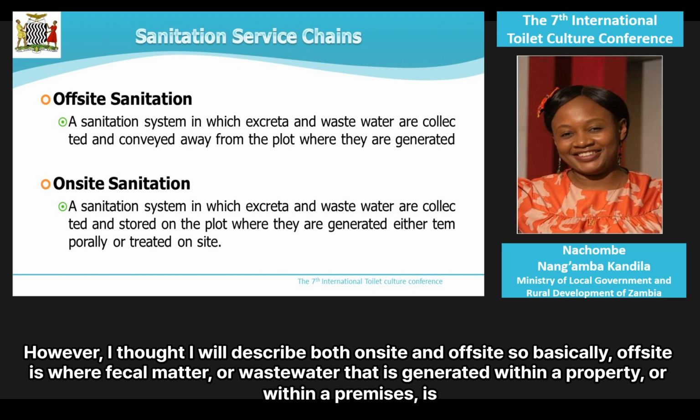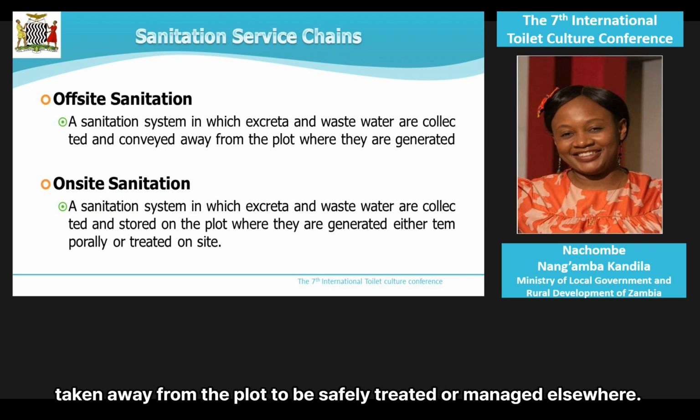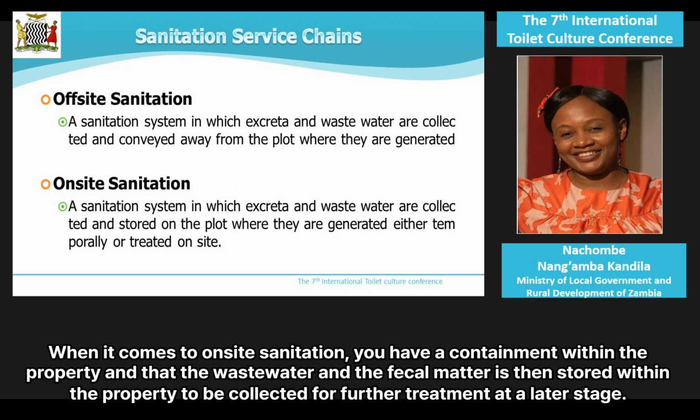Off-site is where fecal matter or wastewater that is generated within a property or premises is taken away from the plot to be safely treated or managed elsewhere. When it comes to on-site sanitation, you have a containment within the property, and the wastewater and fecal matter is stored within the property to be collected for further treatment at a later stage.